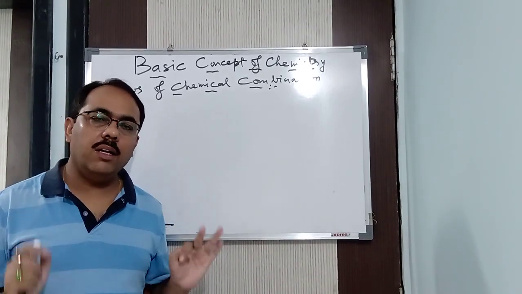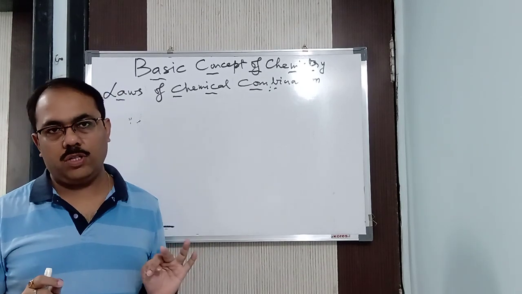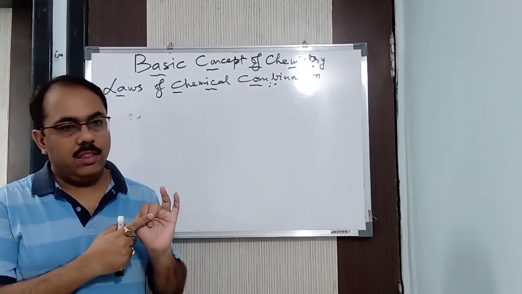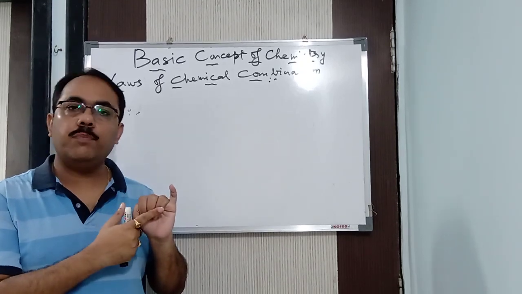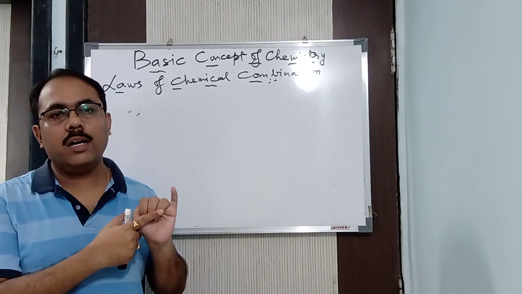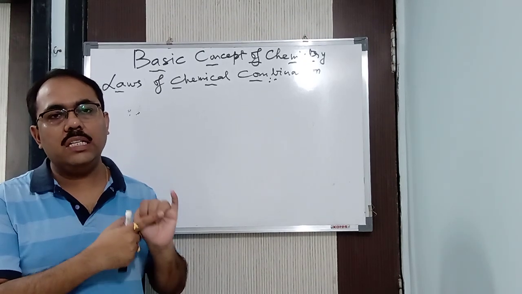The third law is the law of multiple proportion, which was given by John Dalton. The fourth law is the law of reciprocal proportion, which was given by Richter, R-I-C-H-T-E-R.